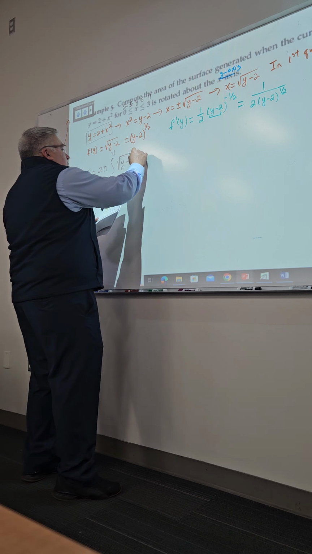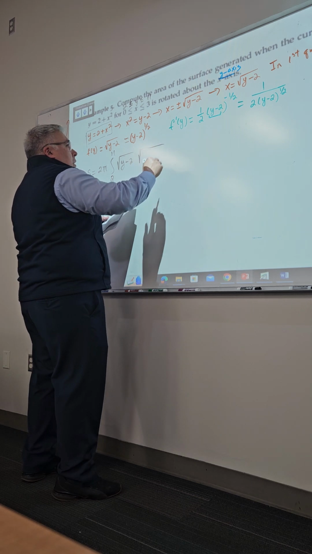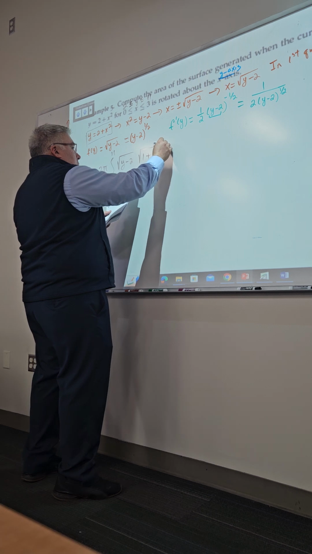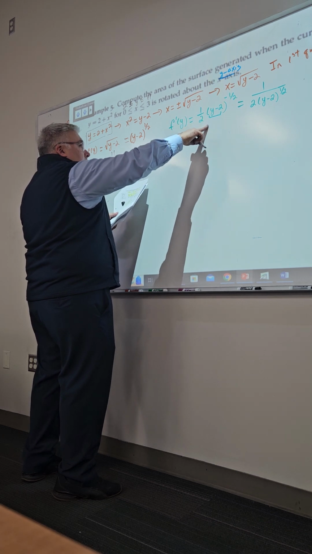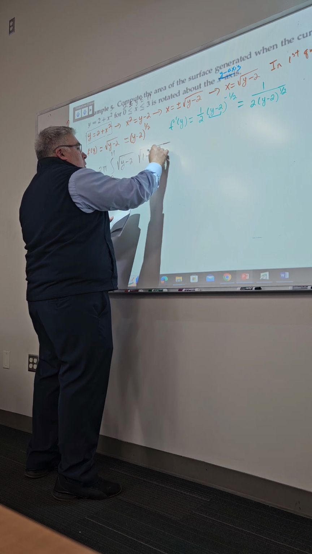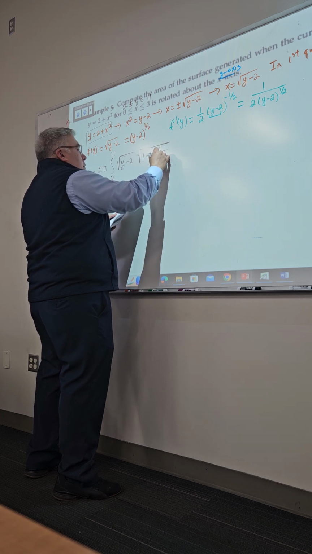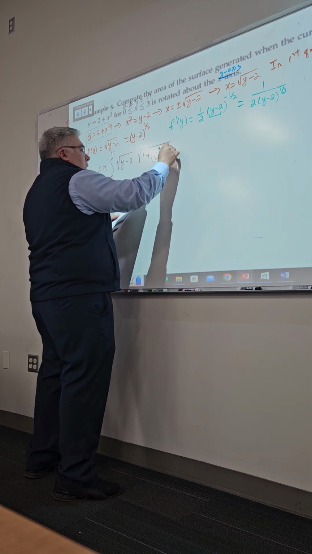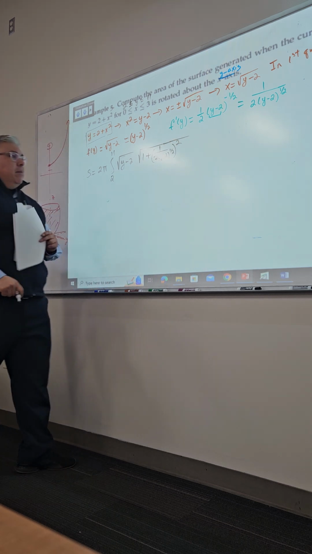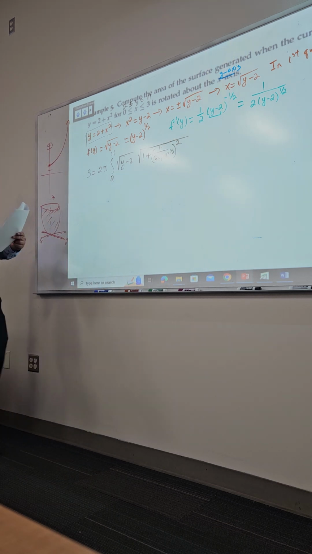And then times the square root of 1 plus, okay, the derivative squared, the square root of this, right? So it's gonna be 1 over 2, parentheses, y minus 2 to the 1/2, close parentheses, squared, okay? dy.